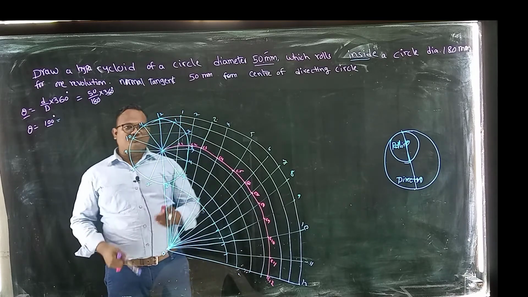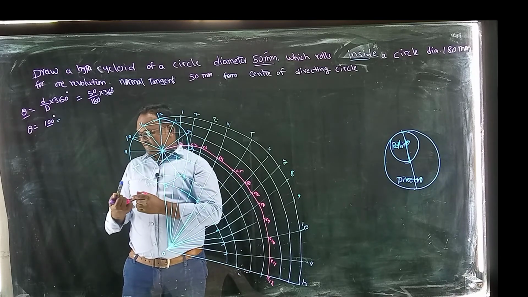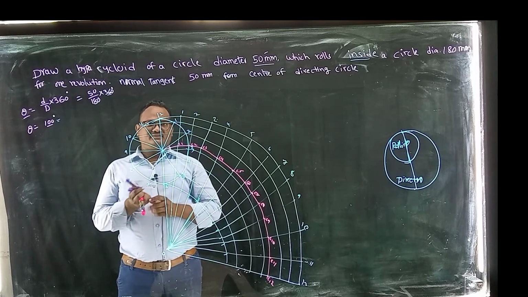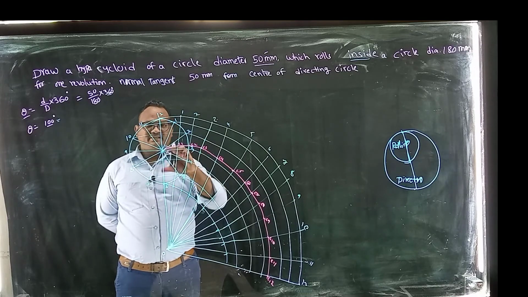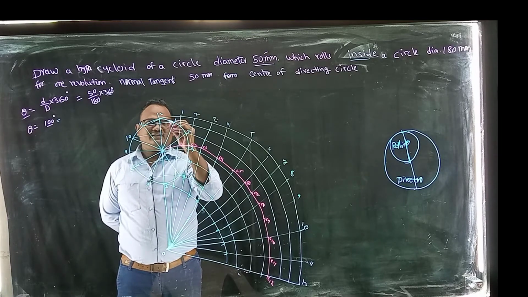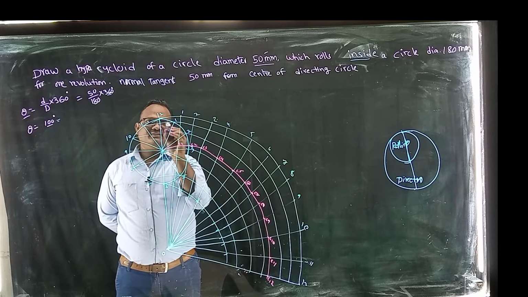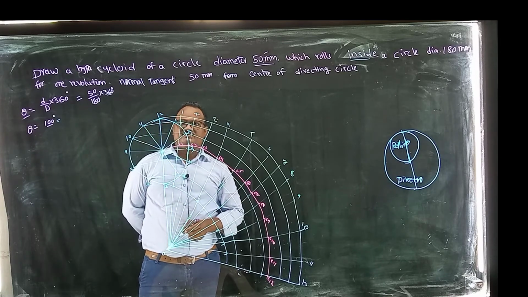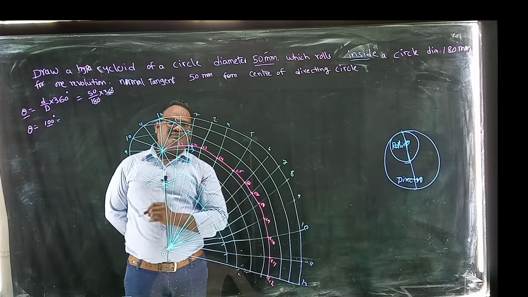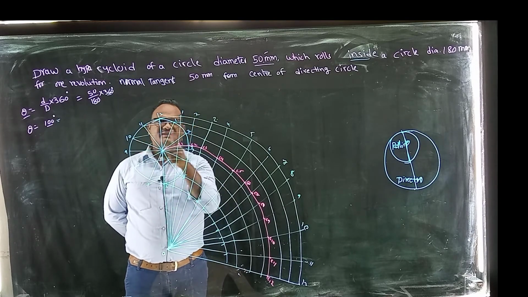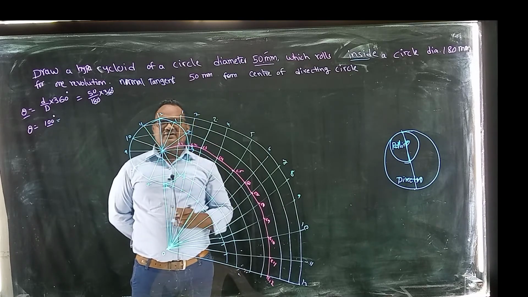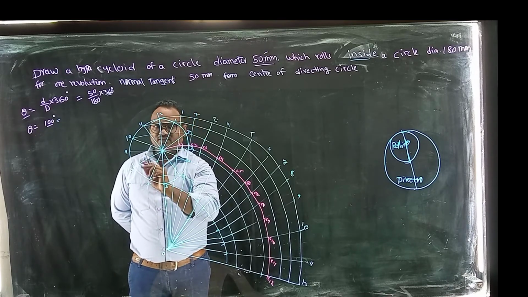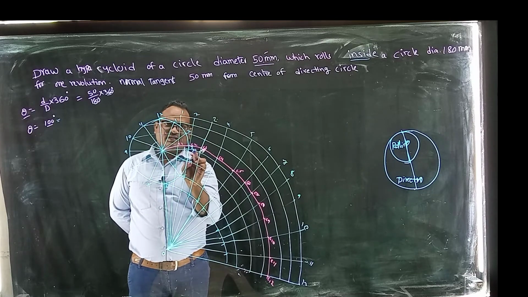Now take a circle of radius with C1 as center and cut the first line. 11 and 1 is the first line, somewhere you will get a point like this. Next, C2 as center, cut the second line; somewhere on this line we will get a point. C3 center, so this is 9 and 3, we will get it on the same line.